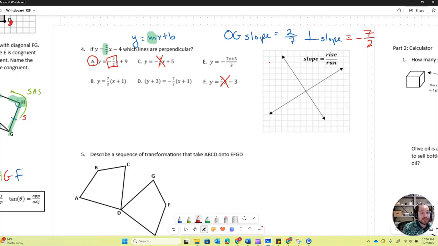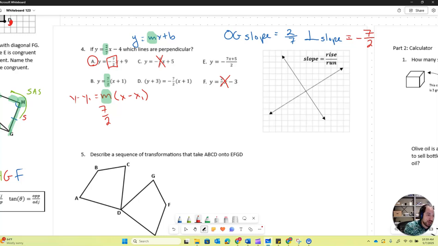Next, we have letter B. Now, letter B is in point slope form, which is y minus y1 is equal to m times the quantity x minus x sub 1. So we can see here is our m. In this case, our slope is 7/2. Well, 7/2 is close, but it's not opposite.